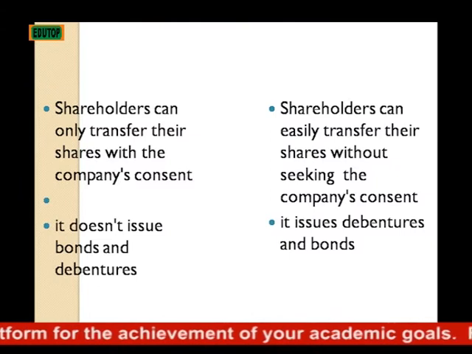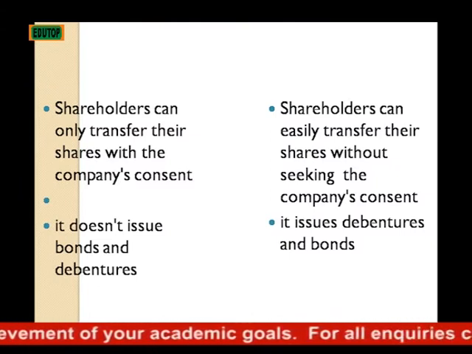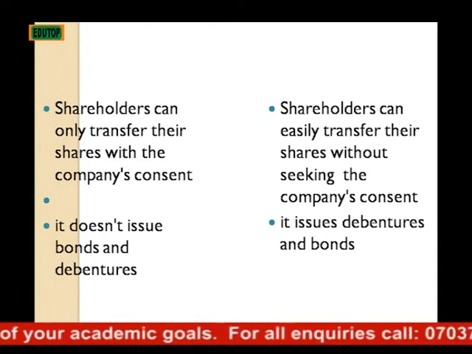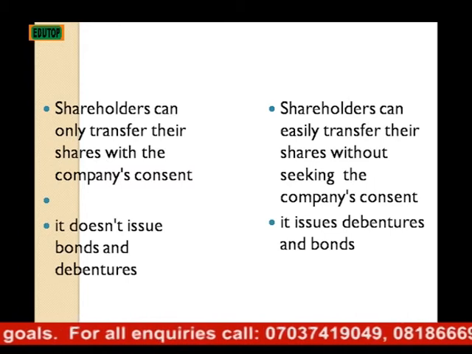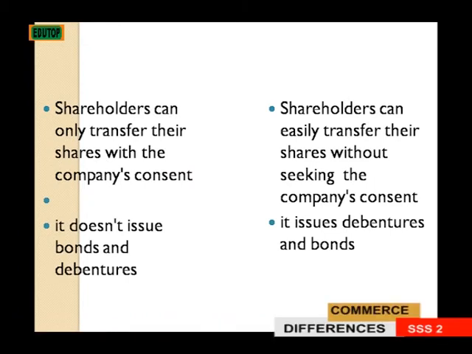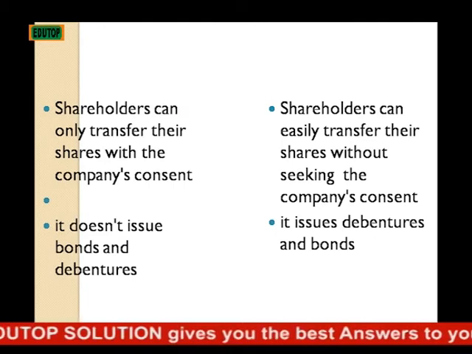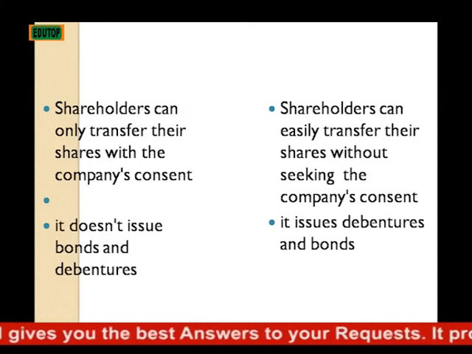Private company shareholders can only transfer their shares with the company's consent, while public company shareholders can easily transfer their shares without seeking the company's consent. Private company does not issue bonds and debentures, while public company issues debentures and bonds.